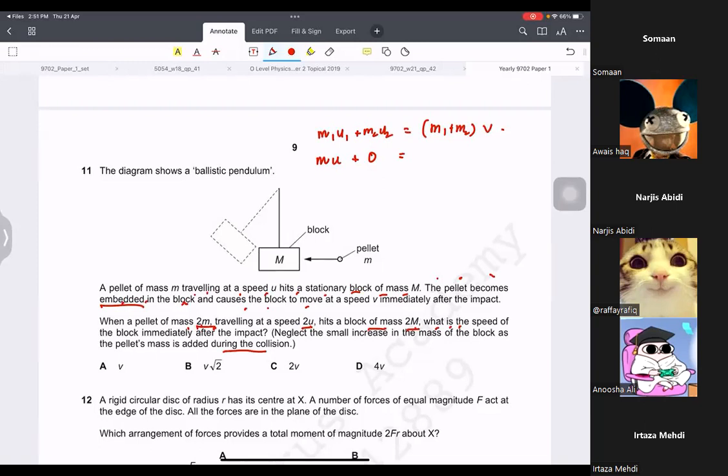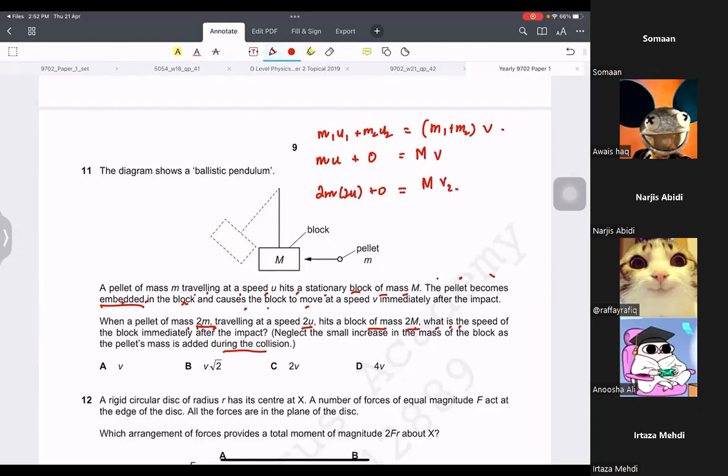It's telling me to ignore the mass increase, fine, I'll ignore it. And the block is still m. What will be the velocity? So we want to find this.